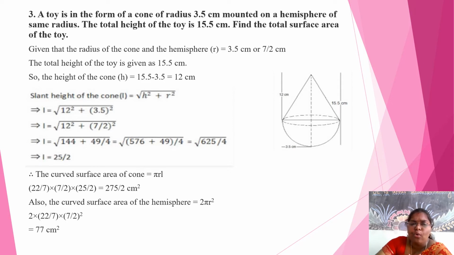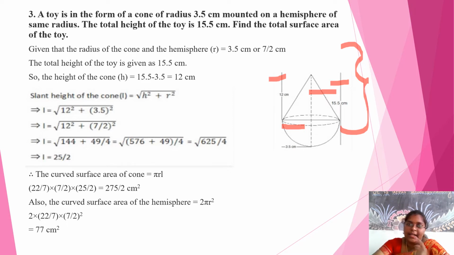So here cone and the hemisphere. What are we going to do? What is the radius? Radius is 3.5. Total height is 15.5. So 15.5 minus 3.5 will give you the height of the cone, which is 12. Clear?